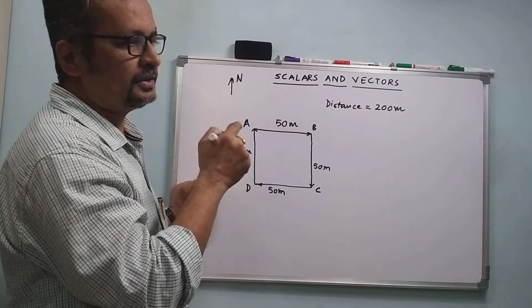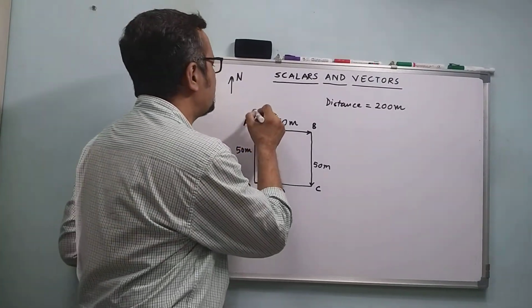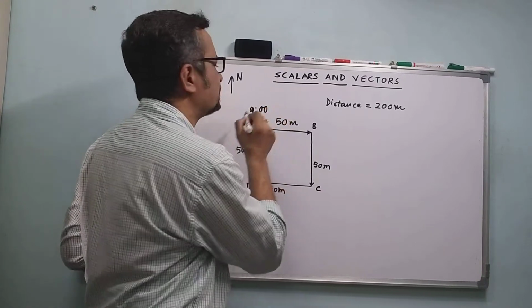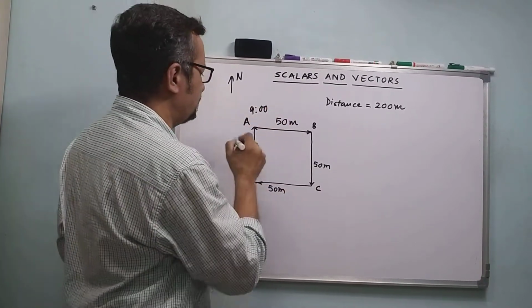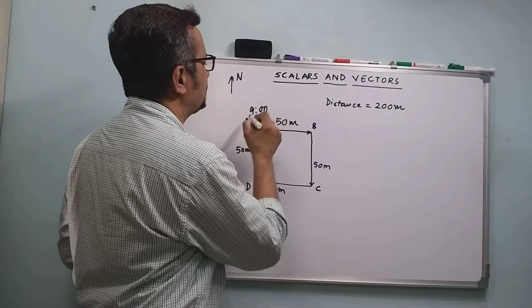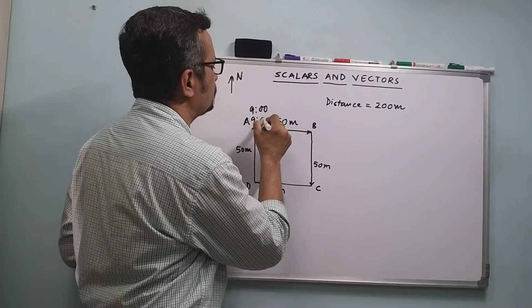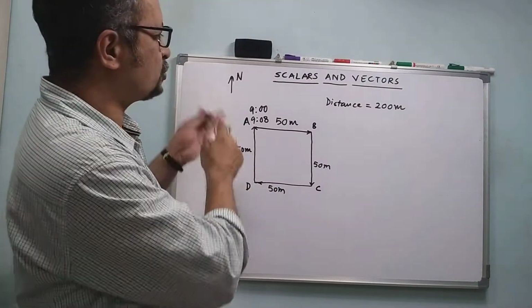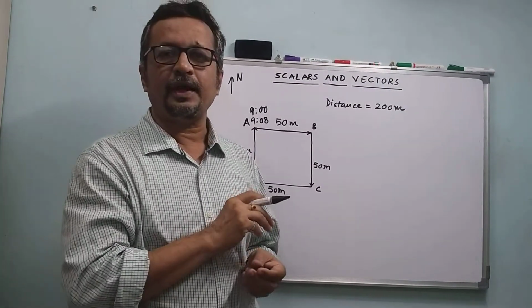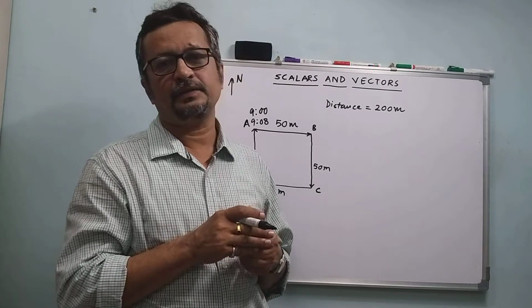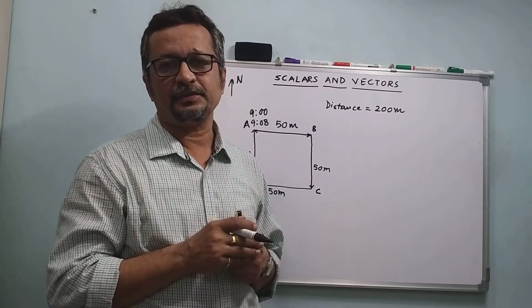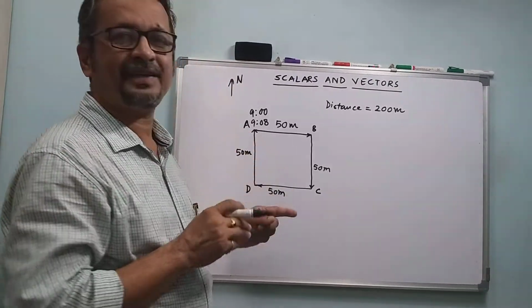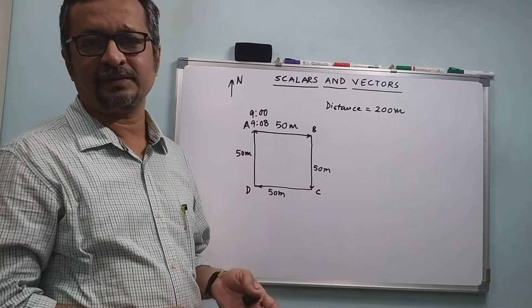So someone, at about 9 o'clock I was here, and again at 9:08 I am here. So someone saw me at 9 o'clock, and then he again saw me at 9 hours and 10 minutes. Okay, what he notices is that I am standing at the same place.